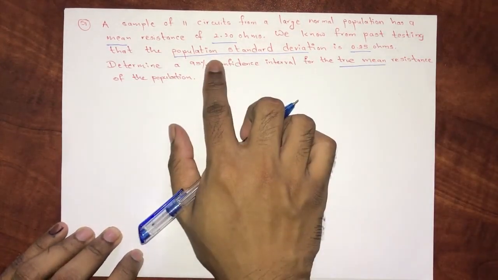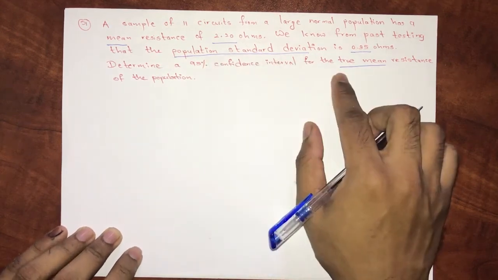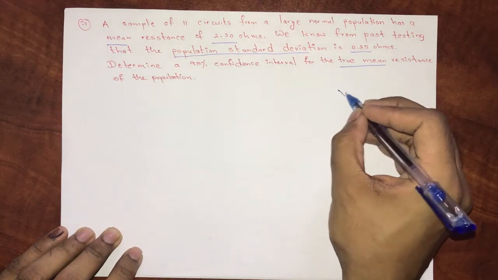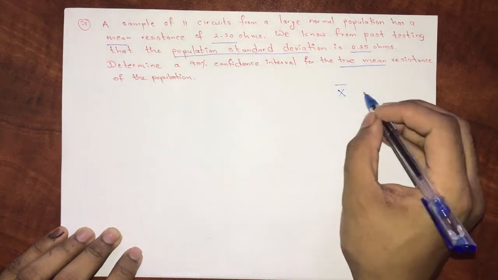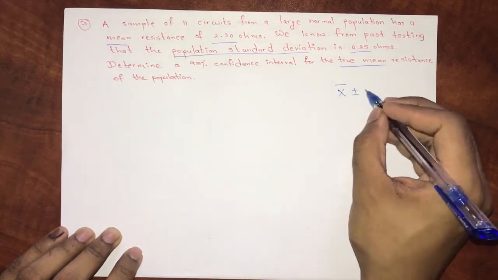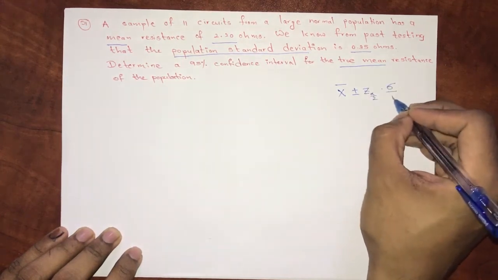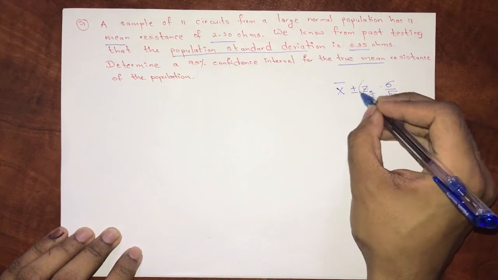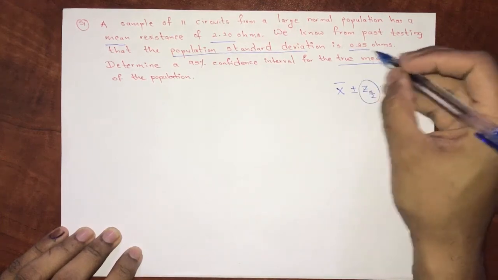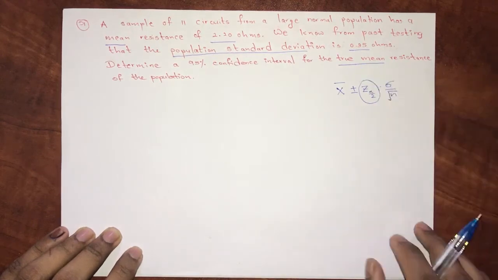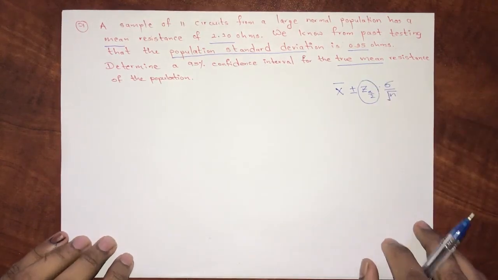So we know the population standard deviation. What they're asking for is the confidence interval for the true mean. Okay, so we know the equation for this. That would be x bar plus or minus z alpha over 2 times sigma over root n. Why did I choose this z? Because the population standard deviation is known, so therefore we can go for the normal distribution, right?